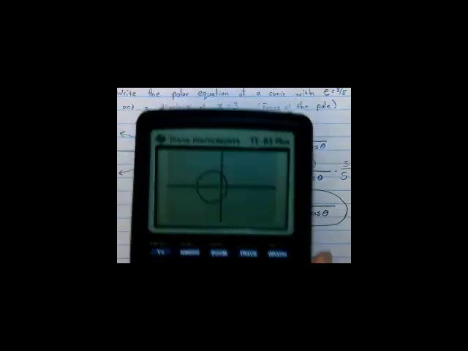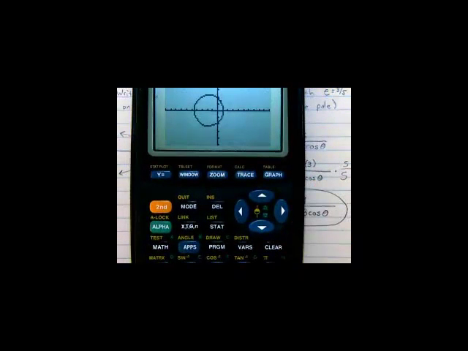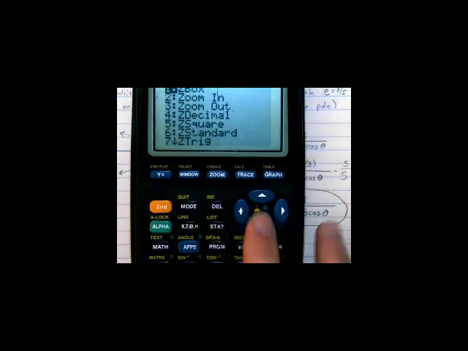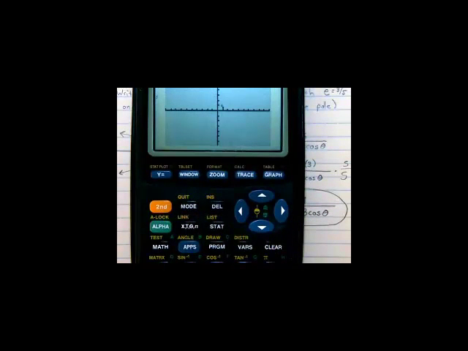All right, so keeping the window the same, I got that. So it kind of looks like a circle, but remember, our window isn't exactly square at this point. If you zoom square it. So, yeah, a little better.